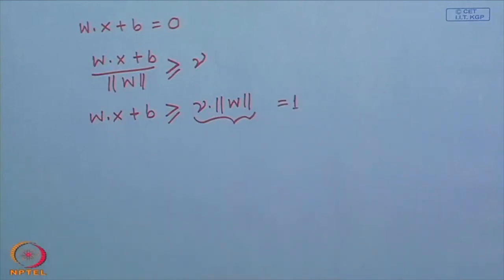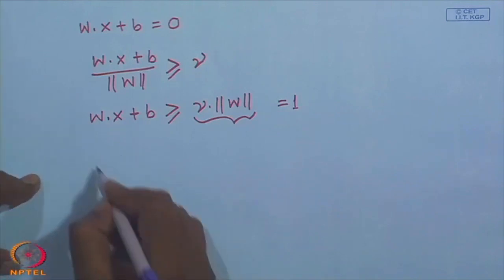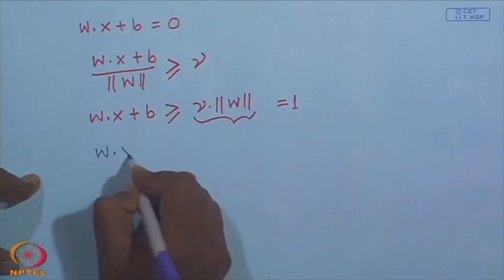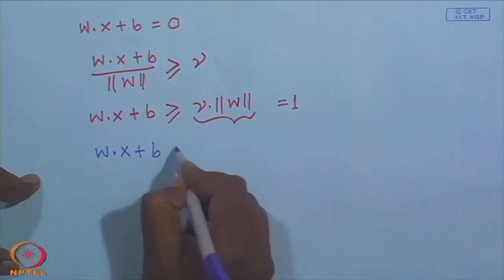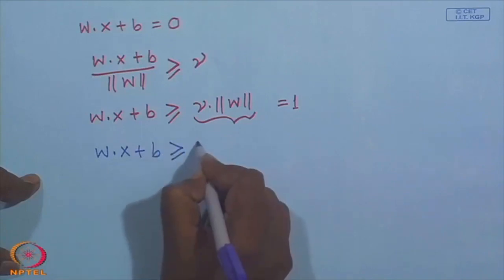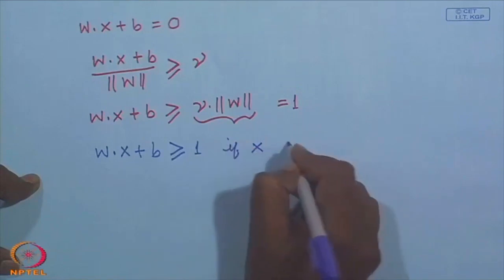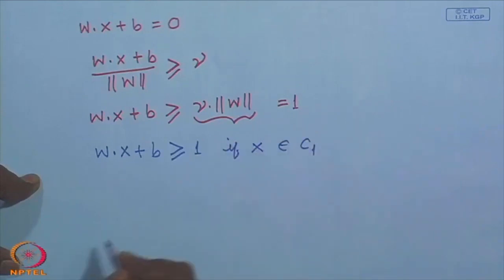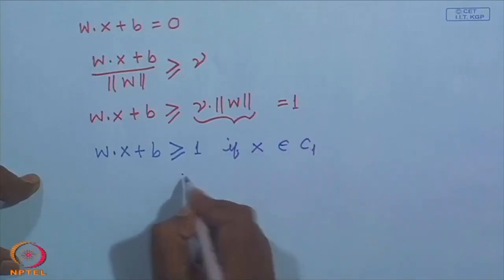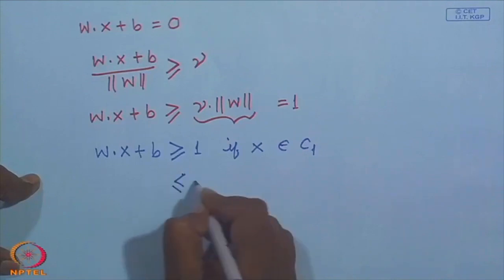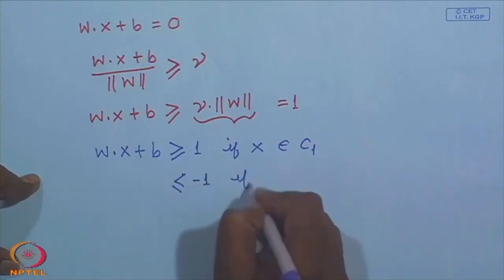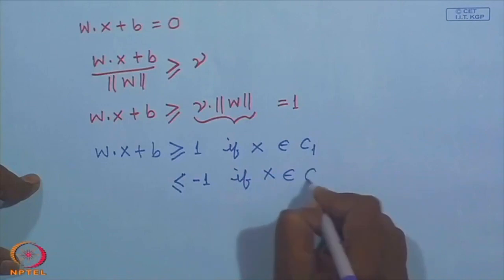This is simply a matter of scaling. In which case, for every vector, I have the situation that W dot x plus b has to be greater than or equal to 1 if x belongs to C1, and less than or equal to minus 1 if x belongs to class C2.